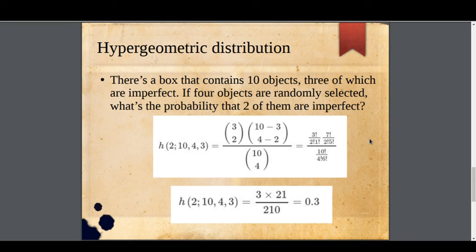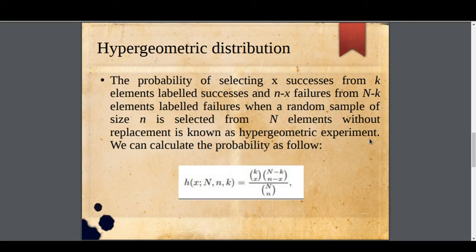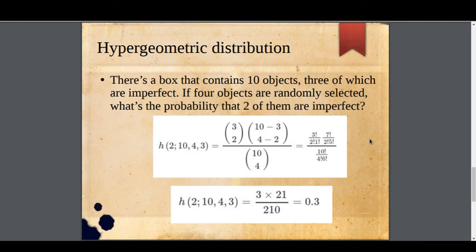And now capitalized N minus K is 10 minus 3, and n minus x is 4 minus 2. So we have 7 choose 2. And we are going to divide all that by the number of ways in which I can select 4 objects from 10 elements. So basically it's 10 choose 4.